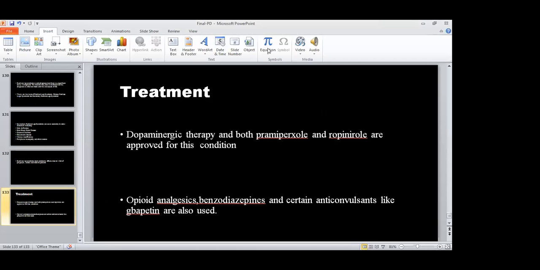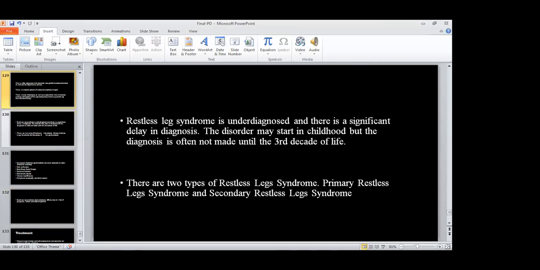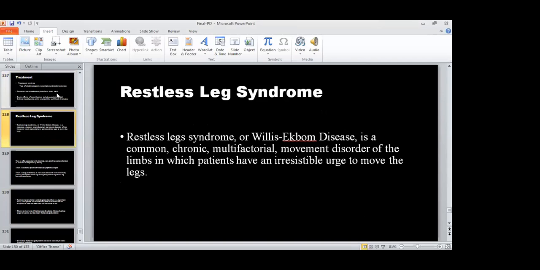Okay, so when you talk about restless leg syndrome, this is a very important diagnosis because you need to educate your patients well with this. Because if you have been reading, what have you read about restless leg syndrome? Which has higher predilection, the men or the female sex?